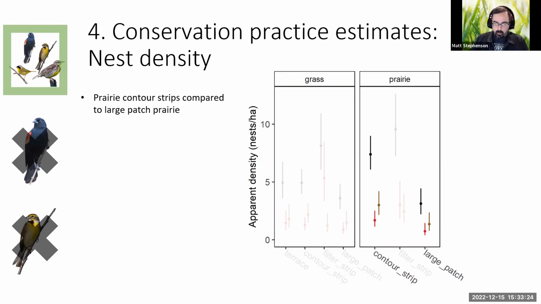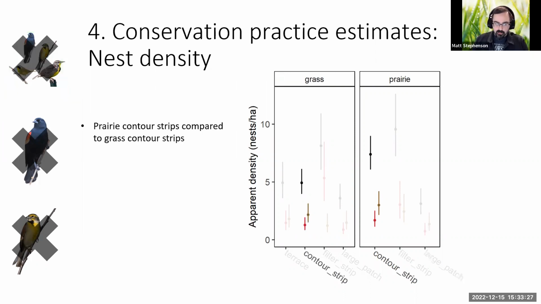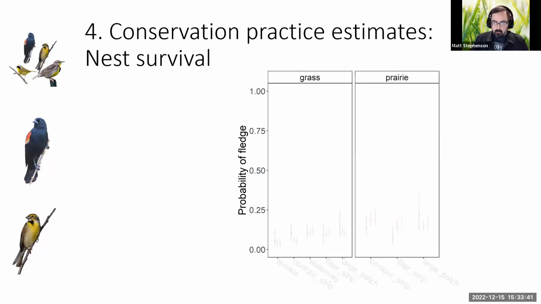Then comparing prairie contour strips to lower diversity grass contour strips, we did not see a difference in nest density. So the birds were not selecting these two vegetation communities at a different rate, which we're going to come back to in a minute. Looking at nest survival, the same sort of layout here. We have prairie contour strips on the right.